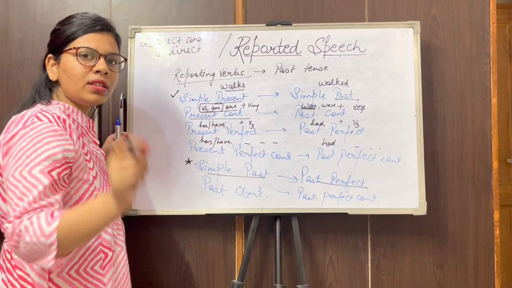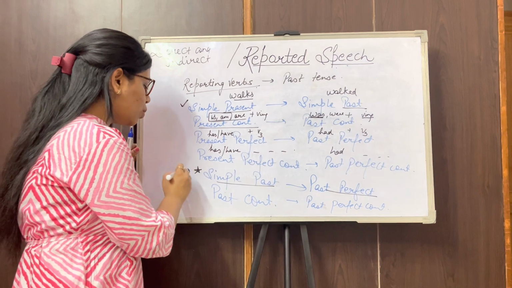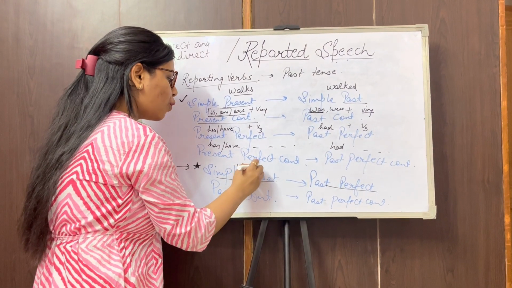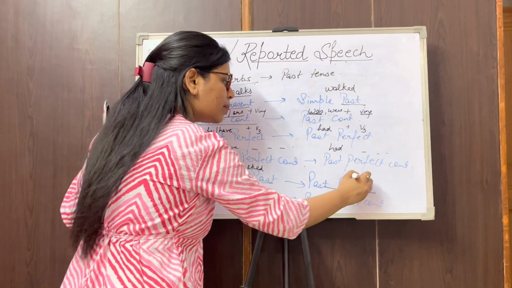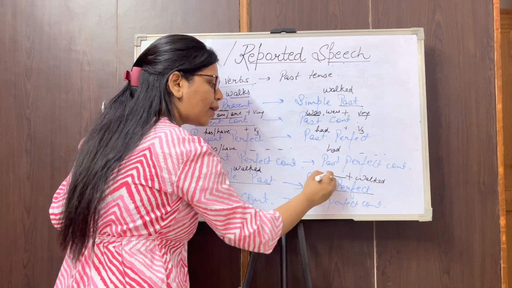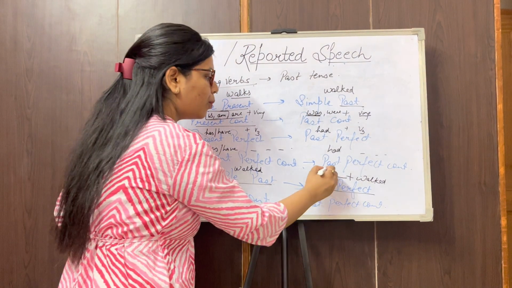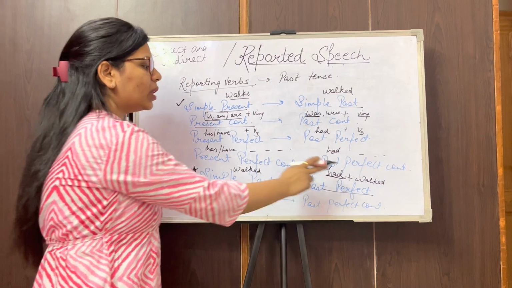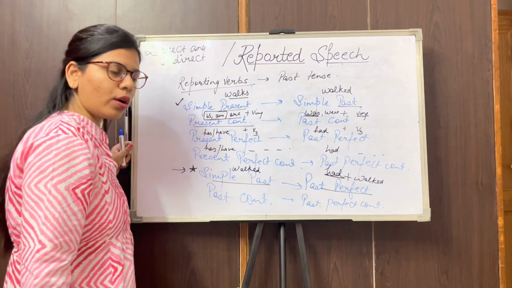In simple past, you have to pay a little bit more attention. Again, let's say for example the verb was walked. So walked will remain as it is, no change over there. But we will have to add a helping verb over here, that is had. So walked will change to had walked.